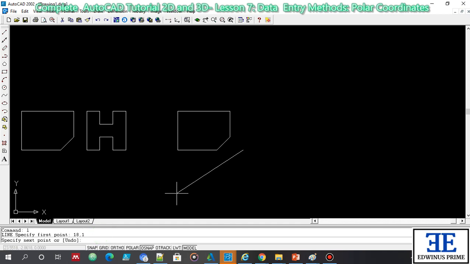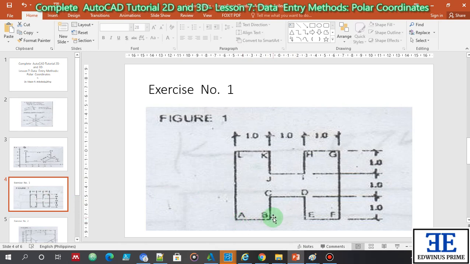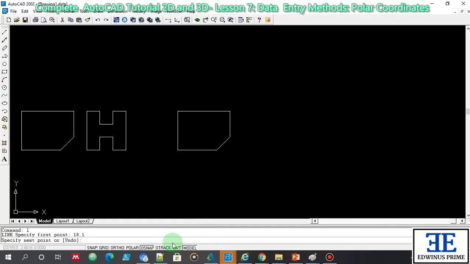So we have here our first point. The second point here is at 1, the angle is 0.